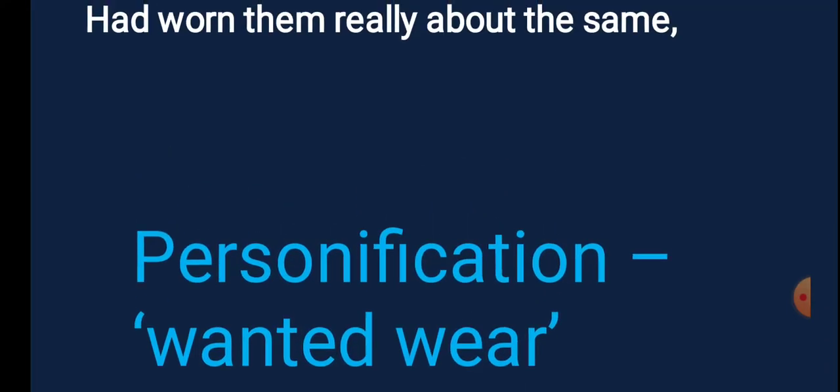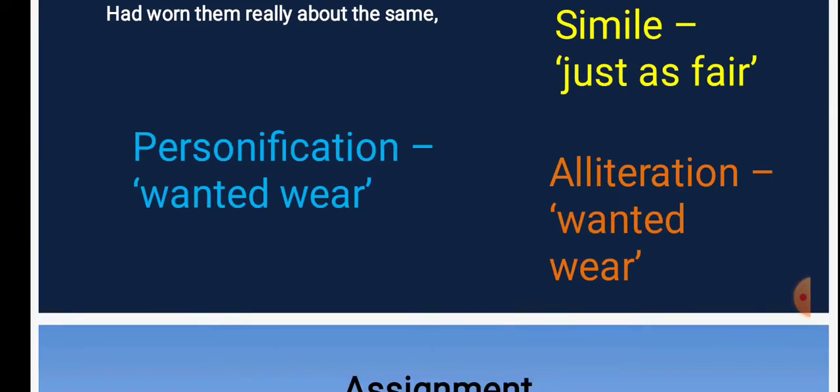Personification, wanted wear. There are two devices in the words wanted wear, that I'll show you. In wanted wear, alliteration is there when a consonant sound is repeated. The W sound is repeated here. The two consecutive words, wanted and wear, both start with W. So this is alliteration.